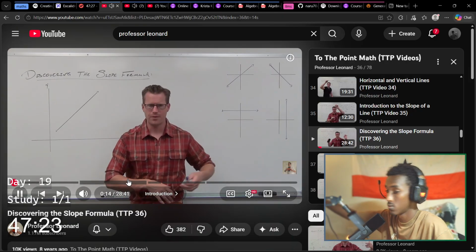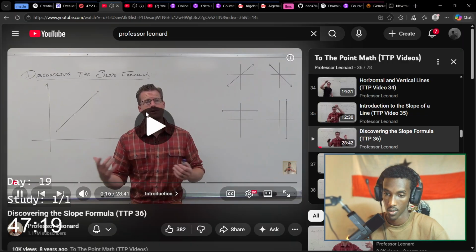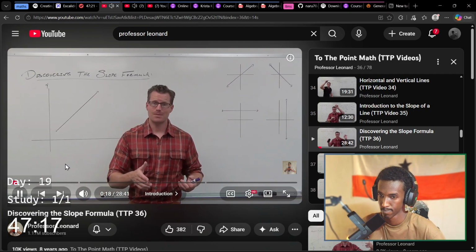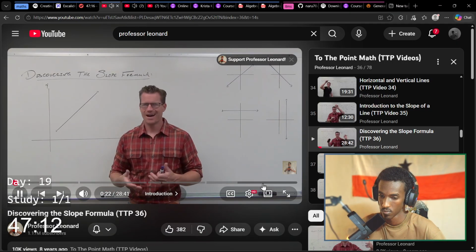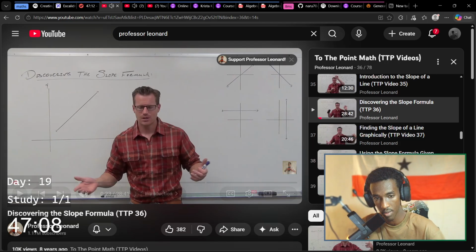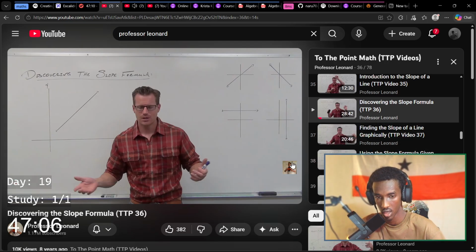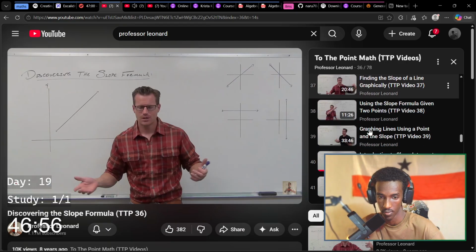Slope, this rise over run thing. Now it's time to find the formula. I am not the type of teacher to just give you a formula without showing you exactly where it comes from. I don't think that's worth anything. Maybe I'm about to take this. Although I'm not studying slope recently, it is one of the main pillars of algebra, right?